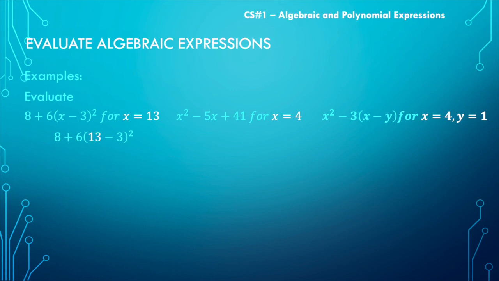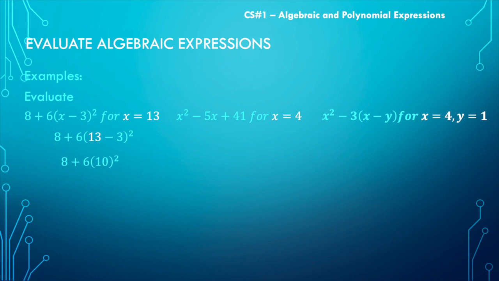Okay, now we're going to walk through that order of operations, and we're going to say to ourselves, self, do I have any grouping symbols? And in this case, I have a set of parentheses, which is a grouping symbol. So I'm going to focus here on that set of parentheses, 13 minus 3. 13 minus 3 gives us 10. And that's the very first step. We're going to replace what's inside the parentheses with just 10.